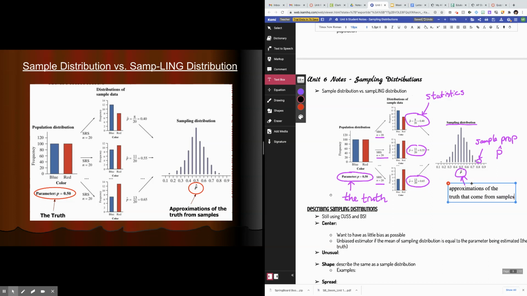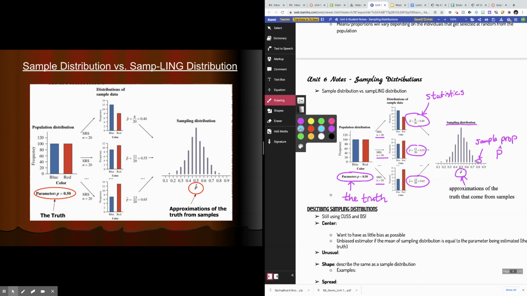And what we're going to get into in the rest of this unit is that the more samples you take, the closer you're going to get to the true value. If you notice, it looks like most of the sample proportions are ending up at around 0.5, which was the parameter, the true value from the population.